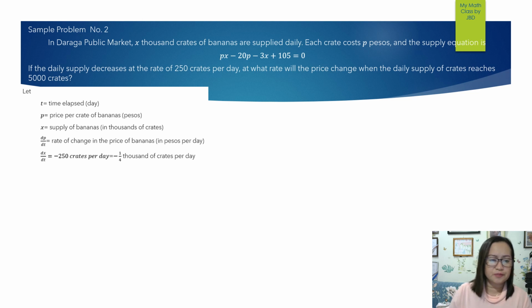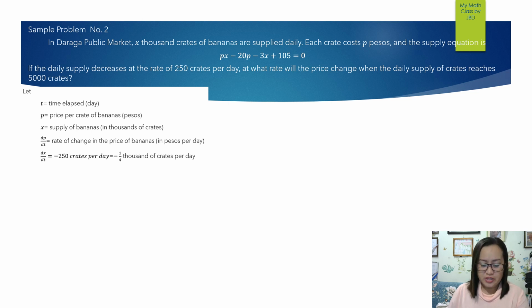Let t be the time elapsed expressed in days, P the price per crate of bananas expressed in pesos, x the supply of bananas in thousands of crates, dP/dt the rate of change in the price of bananas expressed in pesos per day, and dx/dt equals negative 250 crates per day, or negative 1/4 thousand crates per day.